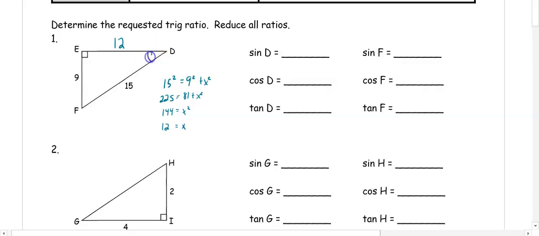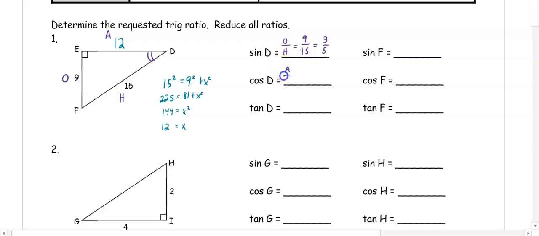So based off of angle D, our opposite side across would be the 9, our hypotenuse would be the 15, and then the third side, which is next to the angle, our adjacent side, is 12. So if I want the ratio of the sine of D, that's the opposite over the hypotenuse. So we have 9 over 15, which reduces to 3/5.